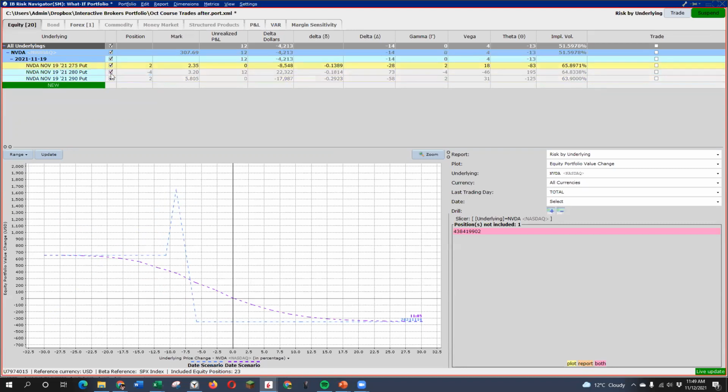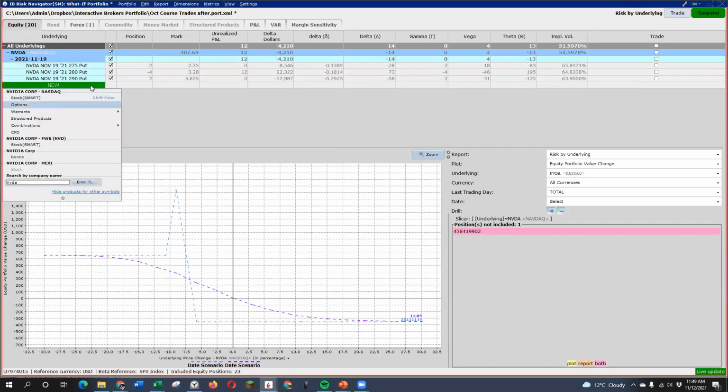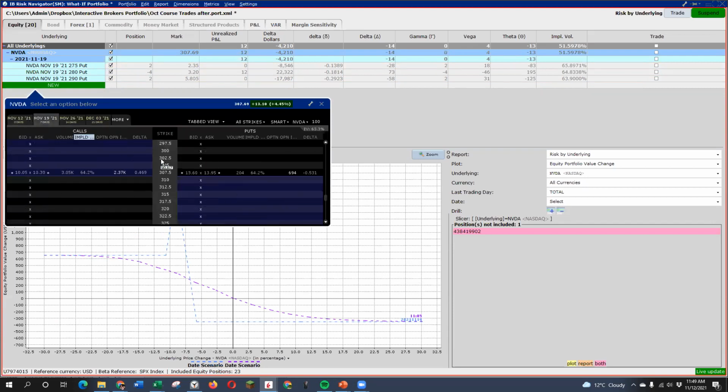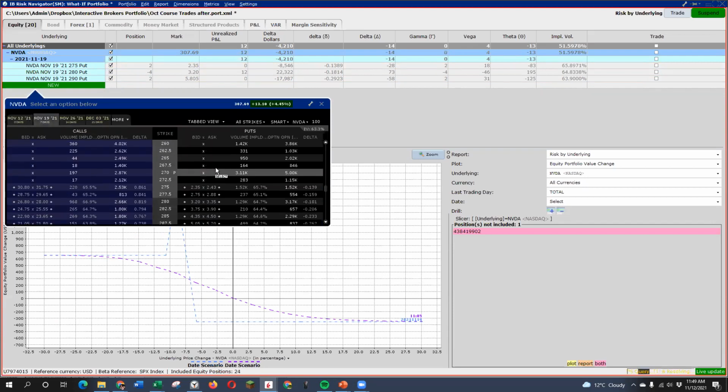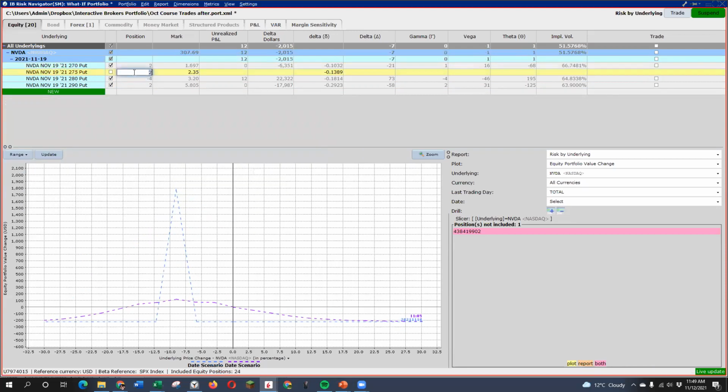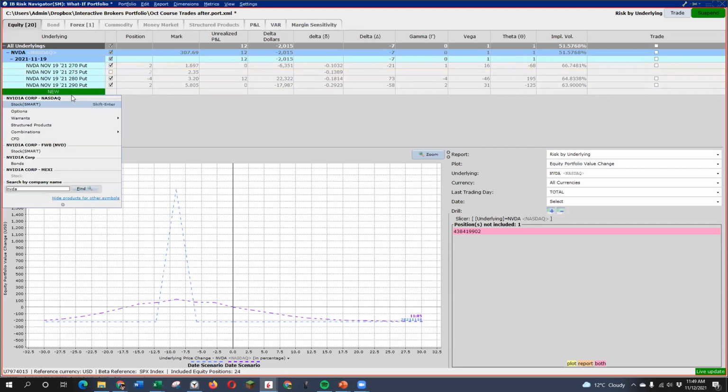That's a broken wing butterfly. I've done that the wrong way around, haven't I? We need the 270. So we actually want to have a bigger gap on the downside. Still messed it up, sorry.